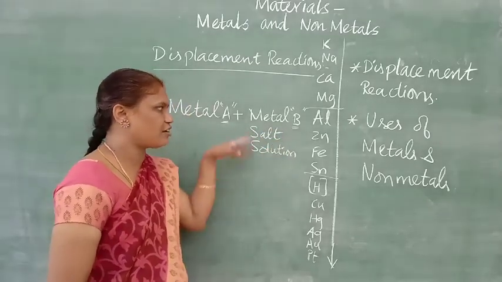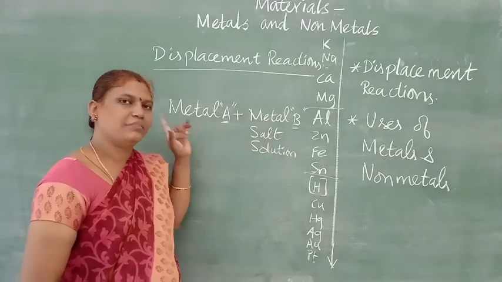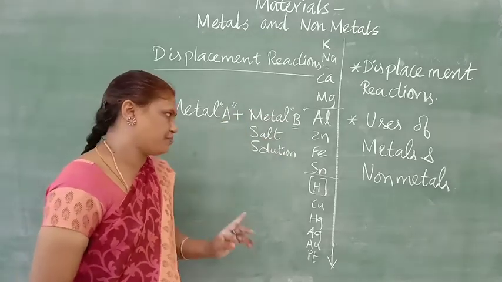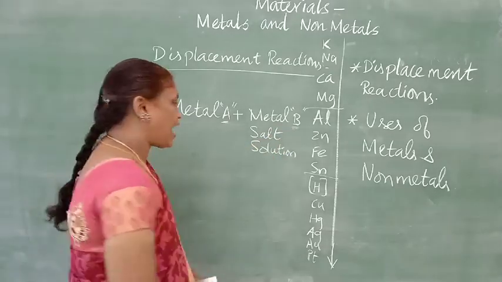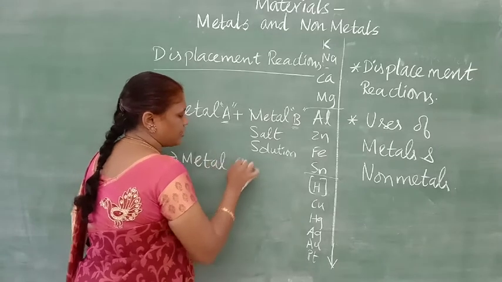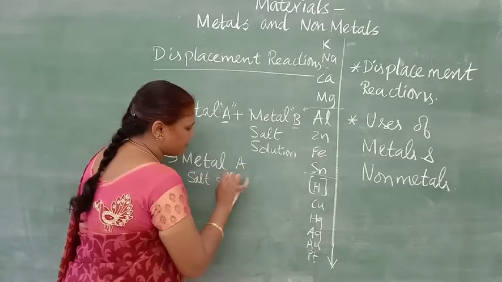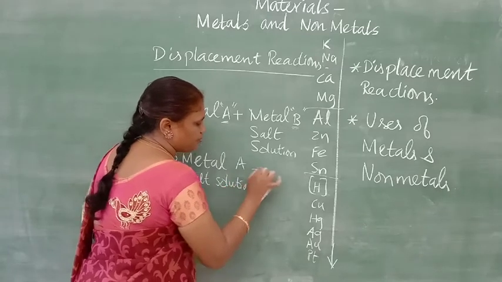The salt solution of B will be replaced by the metal A. So the A metal should be highly reactive, so that it displaces and it will be giving metal A salt solution, and you will be getting metal B separately.